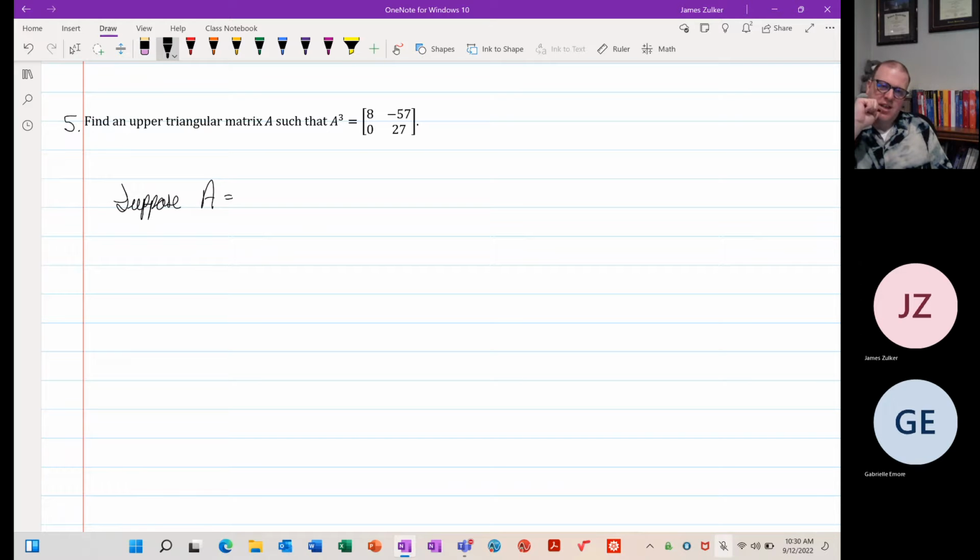To be upper triangular, every element below the main diagonal has to be 0. So there's the main diagonal for a 2 by 2. The element below it is just this entry here, which has to be 0, and then this can be anything. So here is an arbitrary 2 by 2 upper triangular.